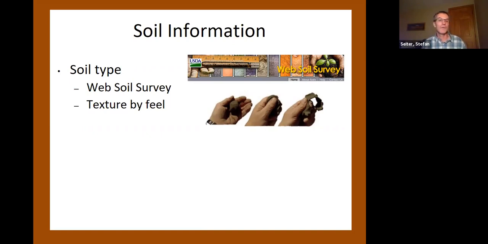So in the Web Soil Survey, if you know how to navigate that, within a minute you can find that soil texture. So you will find, based on the address, whether it's a clay, a loam, a sandy loam, or whatever it is. So that's important. And obviously, if somebody comes in with the soil, which right now is not possible, you could texturize the soil if you know how to do that with the ribbon method.